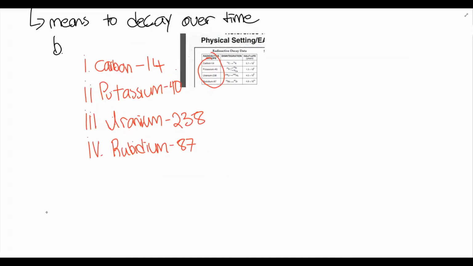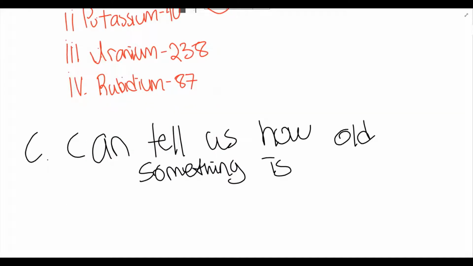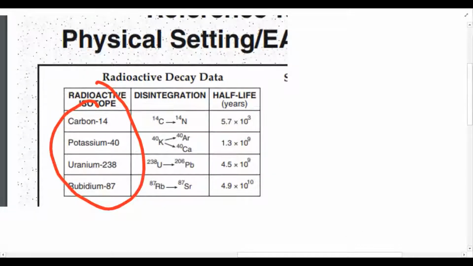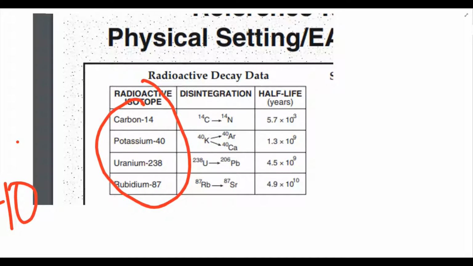So the reason we like to use half-lives is because it can tell us how old something is. The way it can do this is if we look at this table on the front of our reference tables, we see that carbon-14 is listed with an arrow to nitrogen-14.